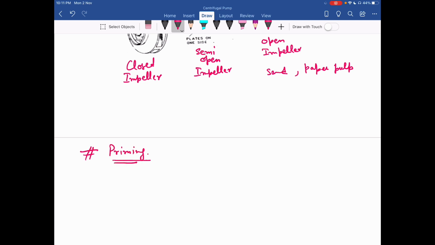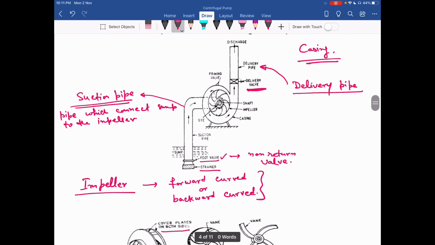Now what is this priming? When I start my centrifugal pump with the help of some motor, the impeller of the pump rotates and produces a forced vortex.